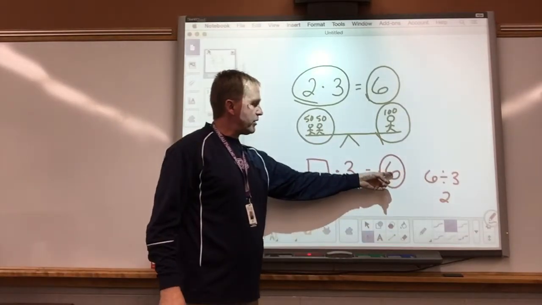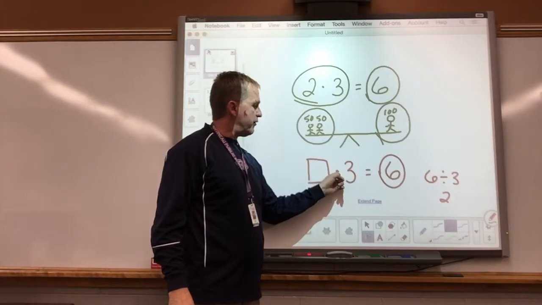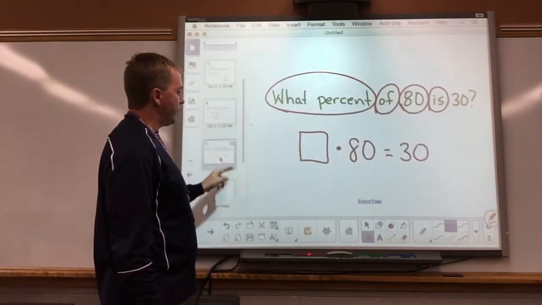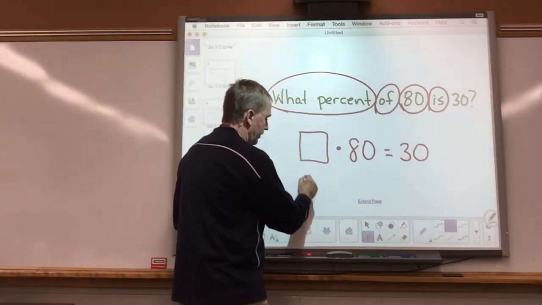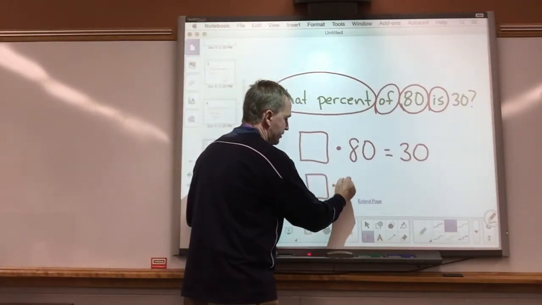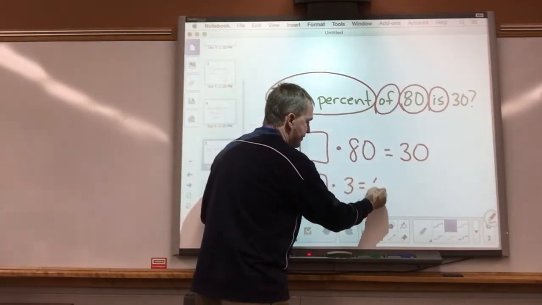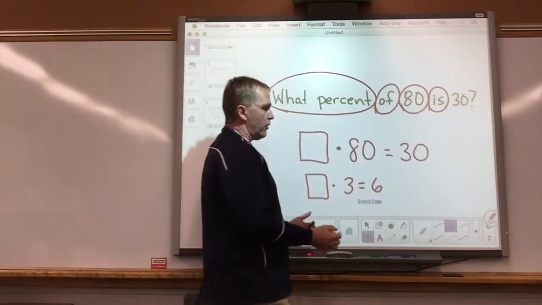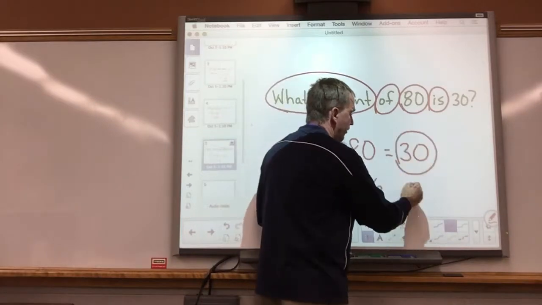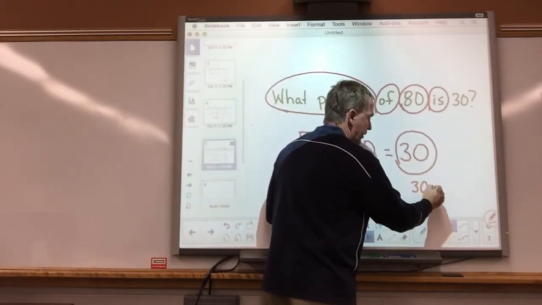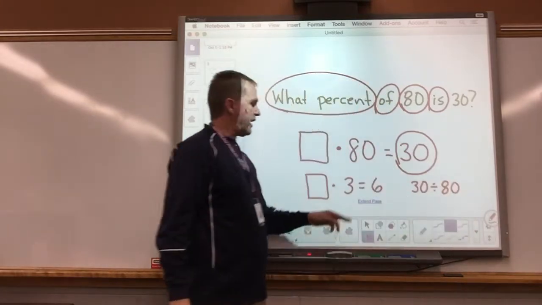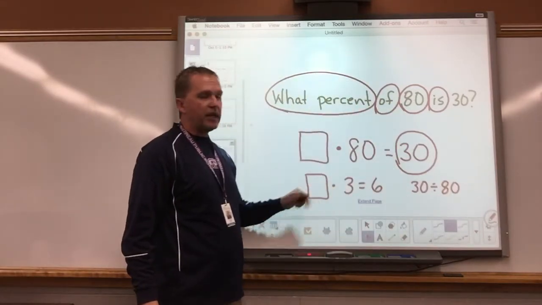If you remember, we took the number that was by itself divided by the other number that's there. So instead of it being times 3 is 6, remember we took 6 divided by 3. I show you this because the order needs to start with the 30. 30 divided by 80 should give us the answer, just like 6 divided by 3 gave us the answer to this problem.